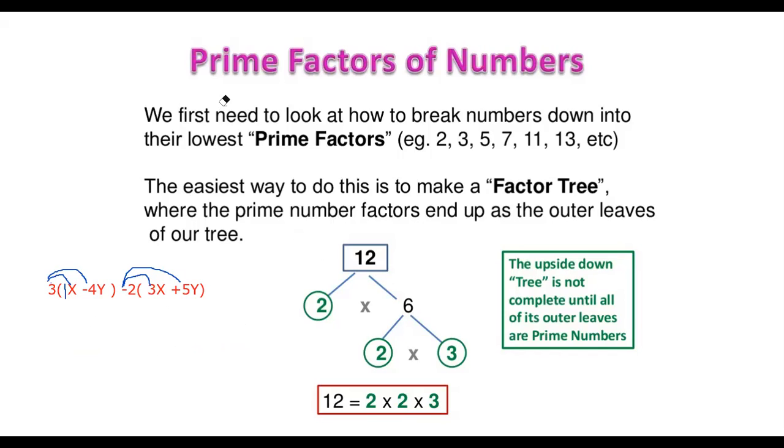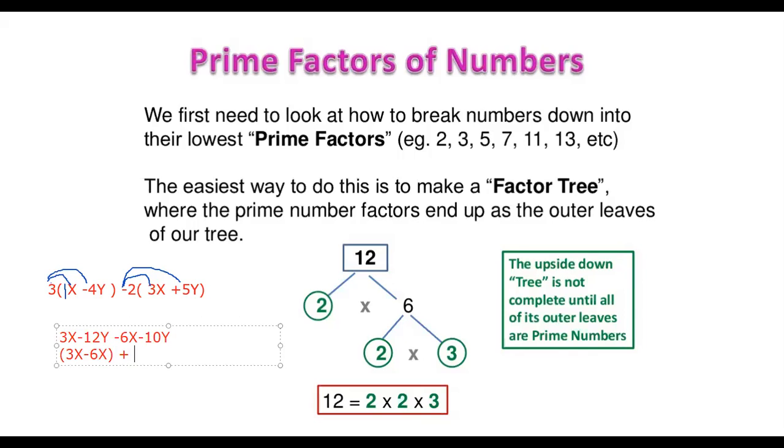Sorry, we will go back again. So we said that we will distribute, so it will be 3x minus 12y minus 6x minus 10y. Next, we will distribute them in parentheses, the like terms together. So we have 3x minus 6x, and then we will close the parentheses.